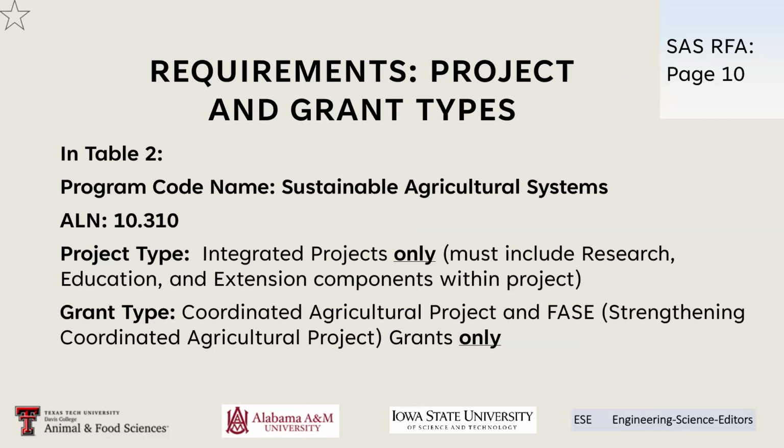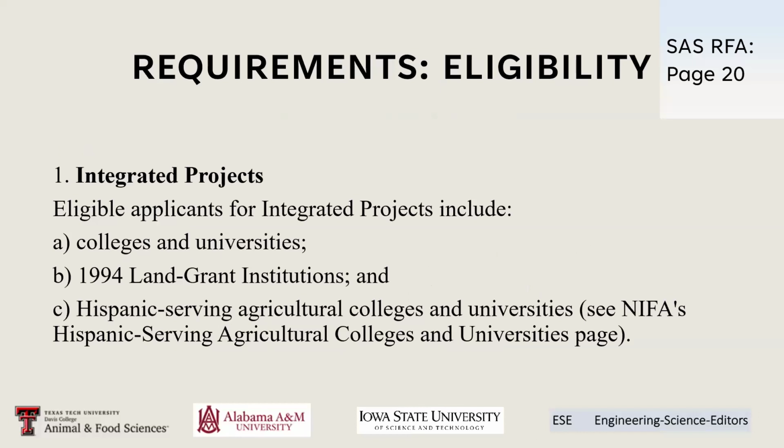In our case, for the SAS, when we go to page 10, we are told that only integrated projects are eligible for this funding. And when we go one further, next please, Angela, we see that integrated projects are, in this case, colleges and universities, 1994 land grant institutions, and Hispanic serving agricultural colleges and universities.